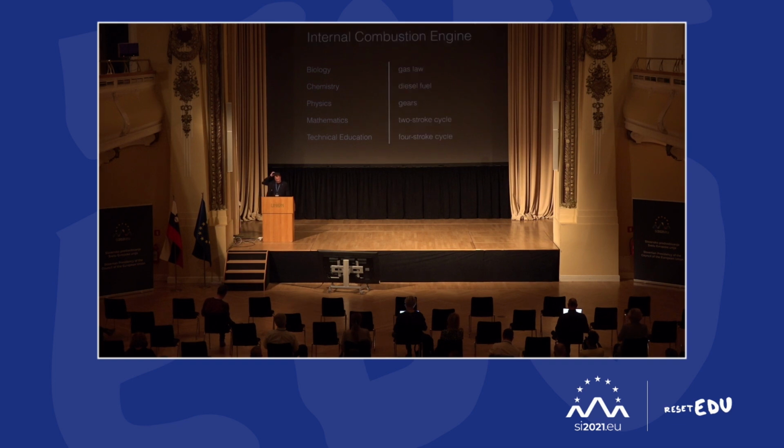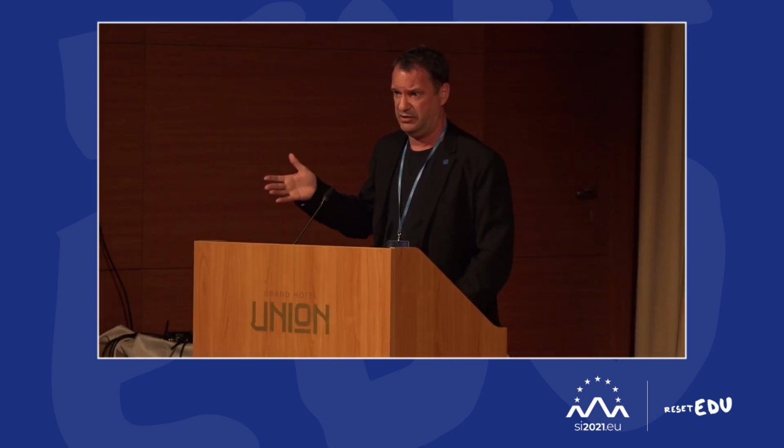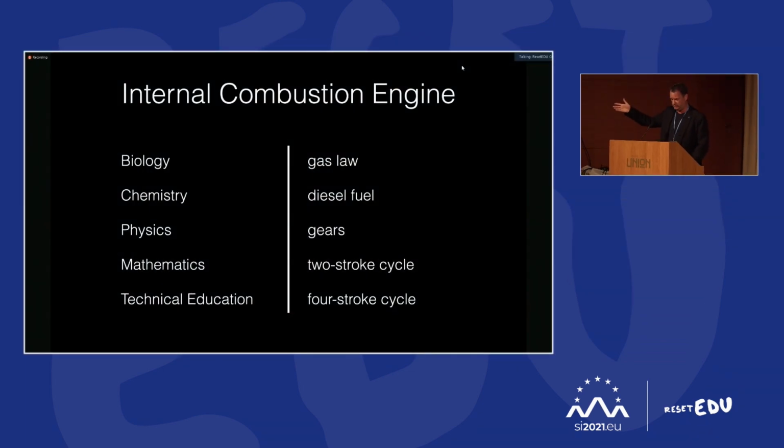And the fact is that if we take the internal combustion engine, we learn a lot about these engines, and that's already in primary school. Kids already learn about the difference between the 2-stroke and the 4-stroke cycle, and the difference between the diesel and the gas or benzene engine.